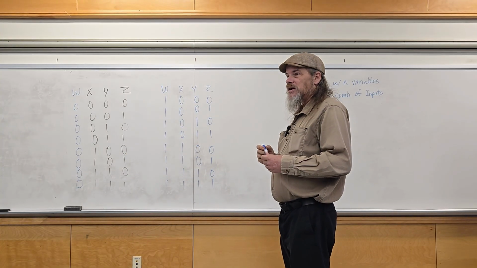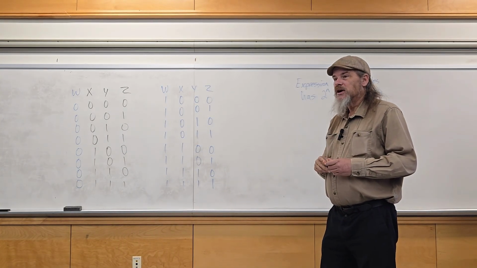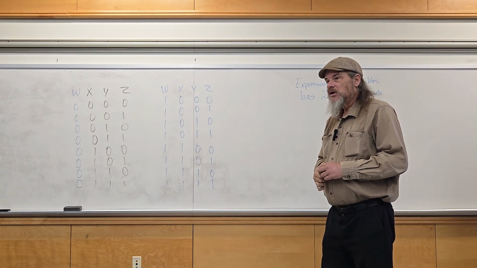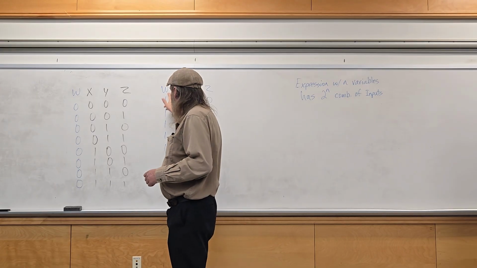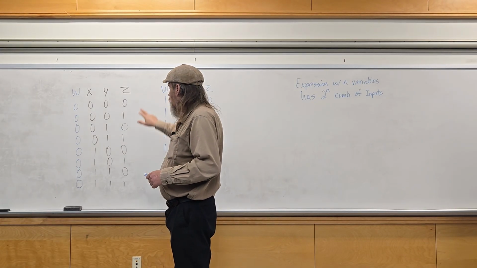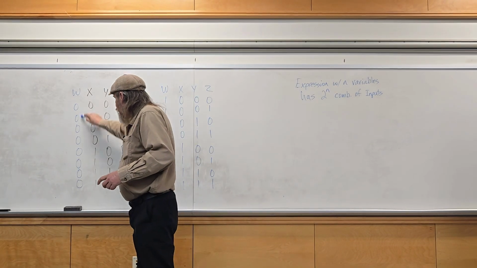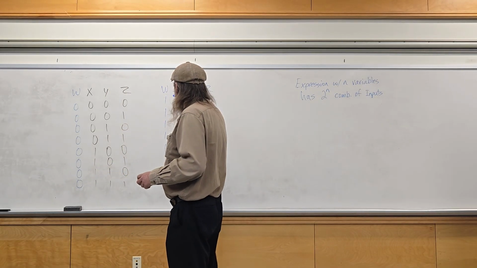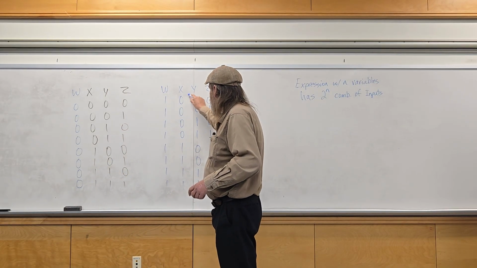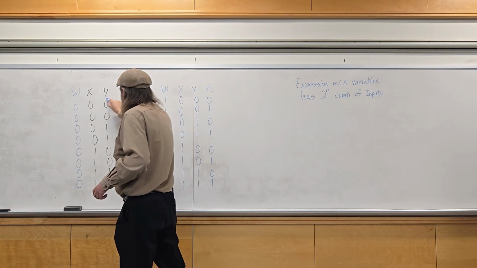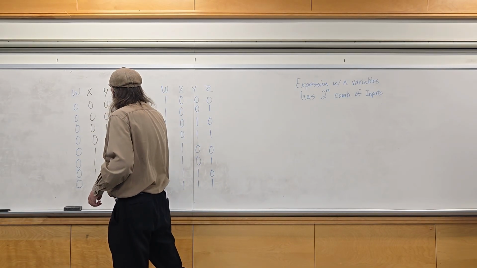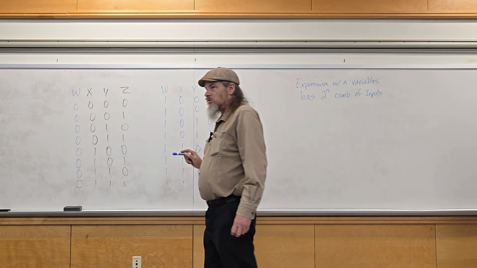See, you would add another column if you're going up beyond 7 to 16. You would add another column, W, which would be all zeros here, all ones here, and these 3 columns would match these 3 columns. You see what I'm saying?